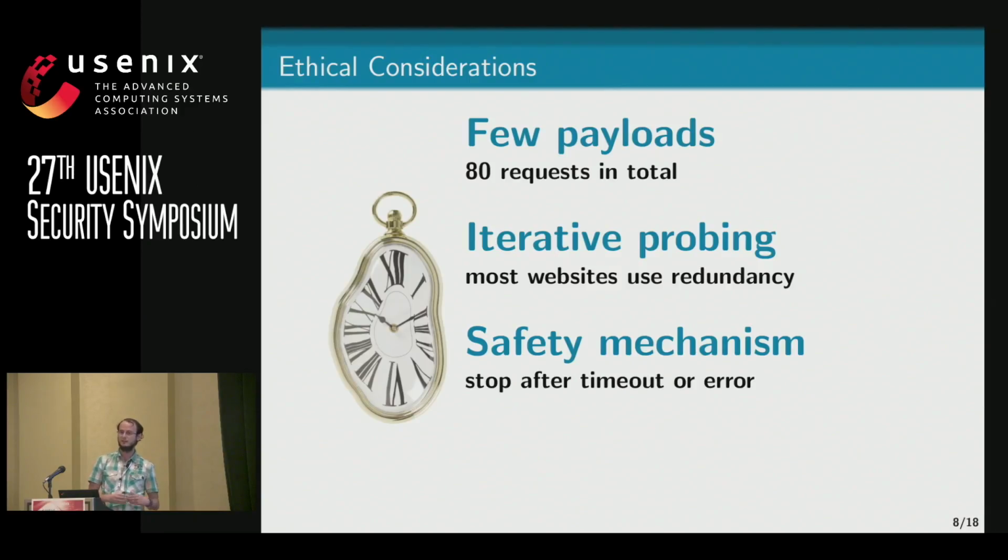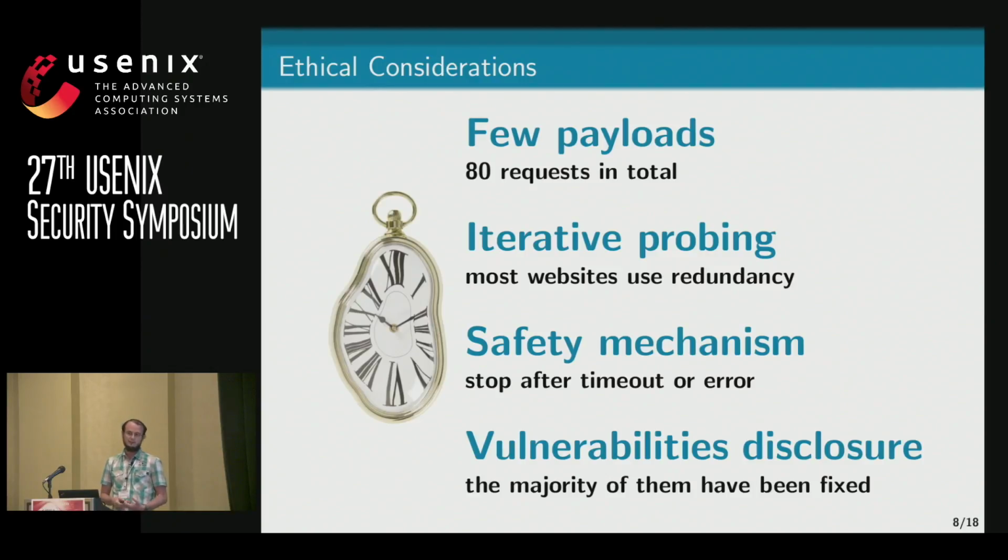If that's the case, we immediately stop our analysis. And lastly, we report all our vulnerabilities to the library creators, and the majority of them have currently been fixed. So an attacker cannot use the payloads we described.